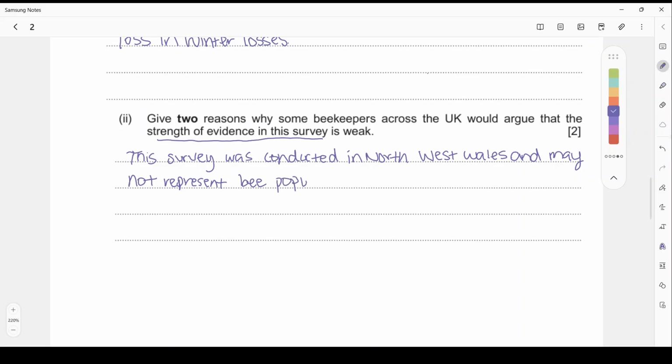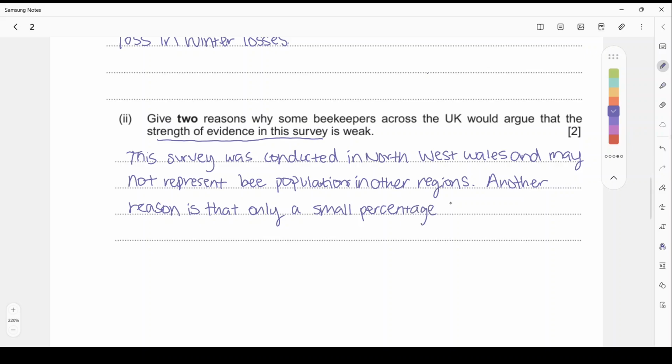Bee population and other regions. Another reason is that only a small percentage of beekeepers participated in the survey.